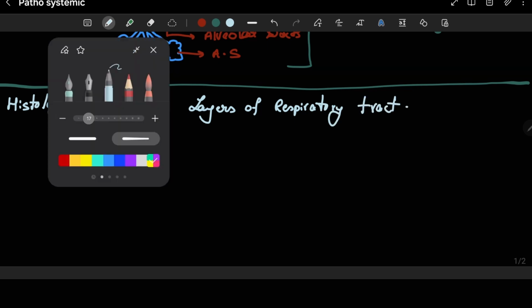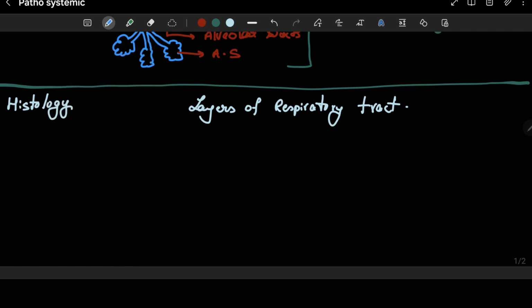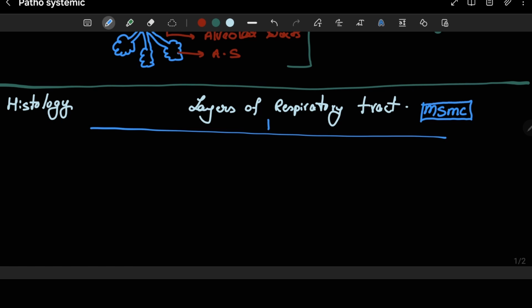There are 4 layers. Okay, and the mnemonic is M, S, M, C. So this is the mnemonic to identify the layers of the respiratory tract. M means mucosa, S means submucosa, M means muscularis and C means cartilage.